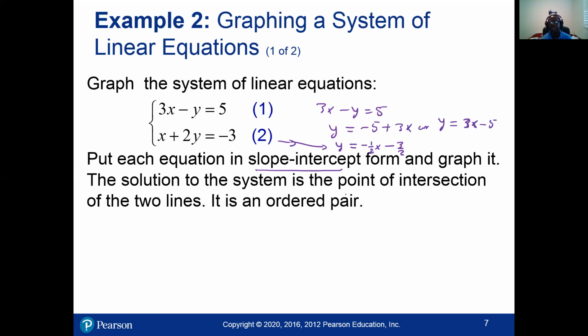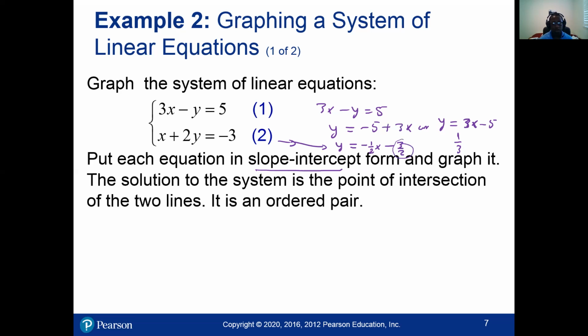So when you put it in this form, you have the slope and you have the y-intercept. But I'm going to use points, because I want to avoid fractions, especially the y-intercept for the second equation, because it is sometimes hard to graph points like that if it's a fraction. For example, if you have 1/3, how do you plot this on the graph?